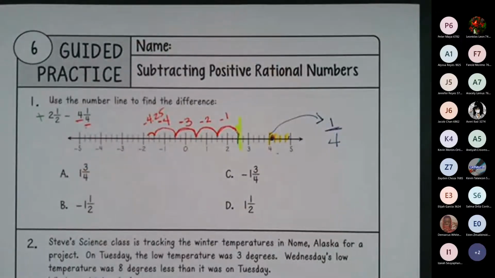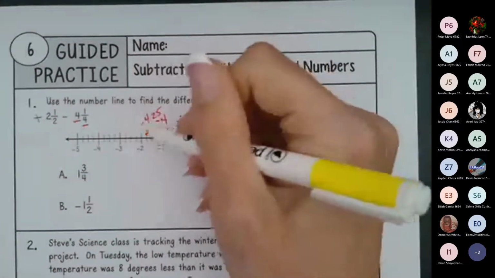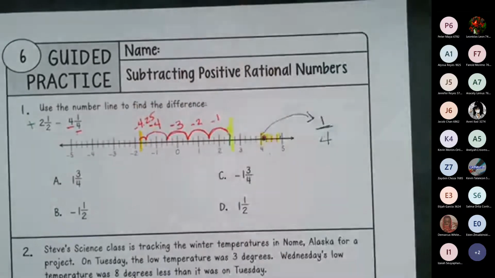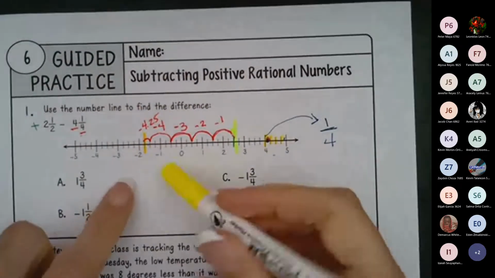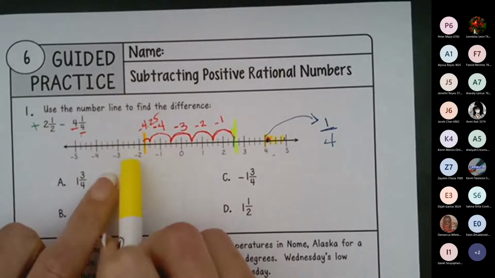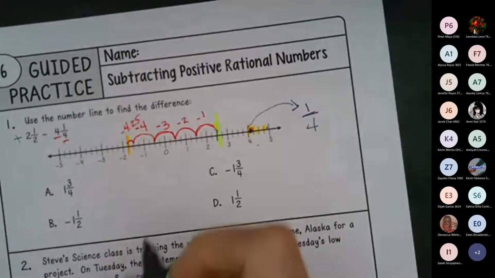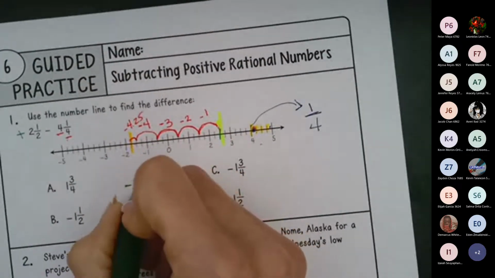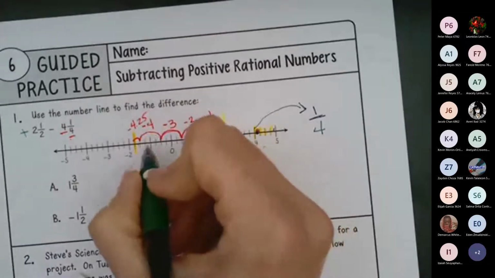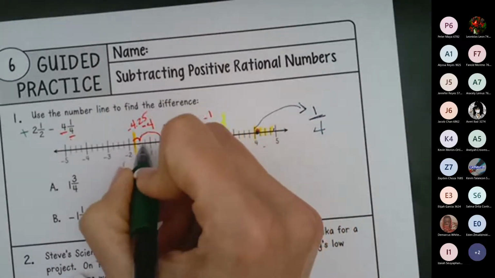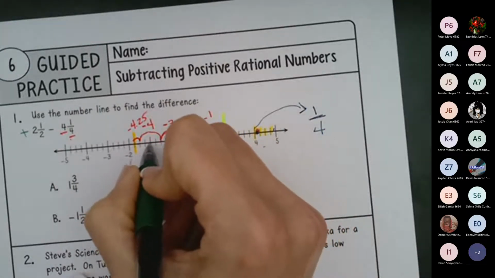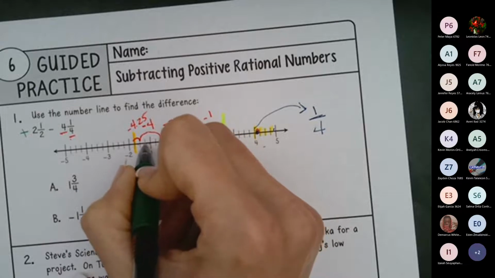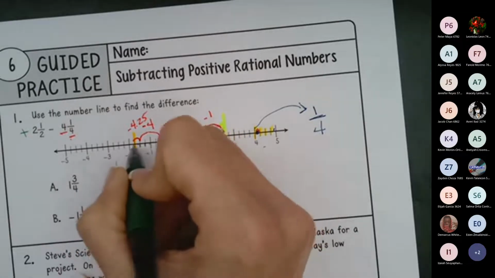Okay, and now I need to read my number line. I am at a number that is between -1 and -2. So I know I'll have -1. Then with my whole number, I'm going to count over. I have 1/4, 2/4, 3/4.